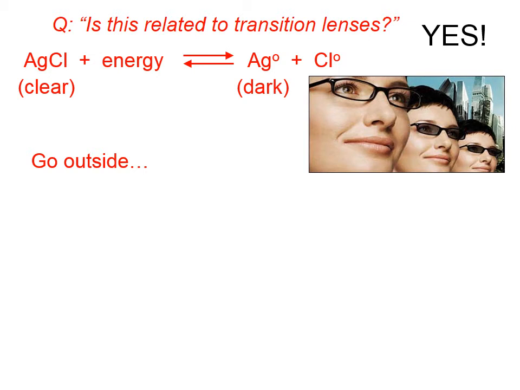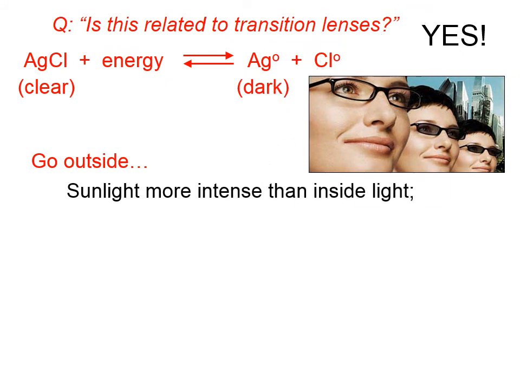Energy is on the reactant side, that is, this is an endothermic process. And when we're inside, this system is at equilibrium. When we go outside, sunlight is more intense than inside light, so the energy term increases. We're suddenly pumping more energy into the system.